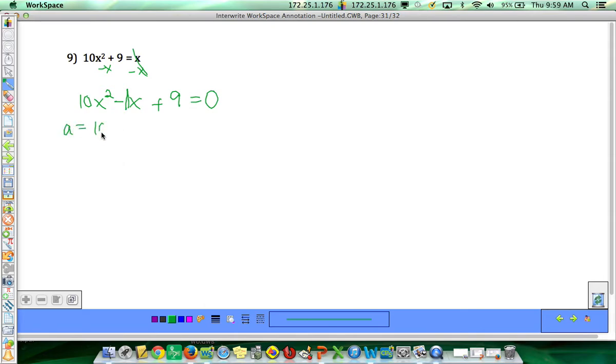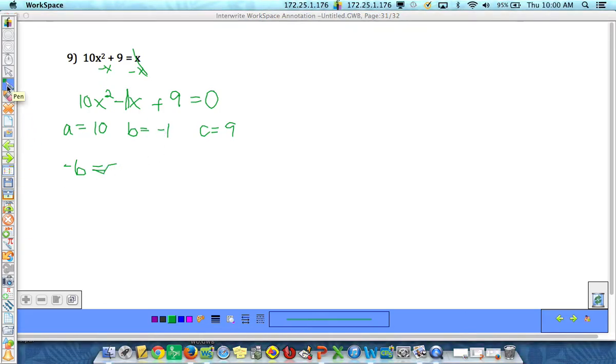My a will equal 10, my b will equal negative 1, and my c will equal 9. Negative b, the opposite of b, is positive 1, because I'm doing a negative of negative 1, so that equals positive 1. b squared minus 4ac will be negative 1 squared minus 4 times 10 times 9.